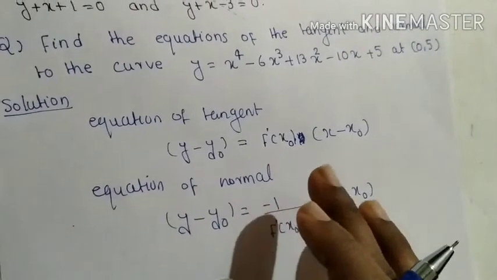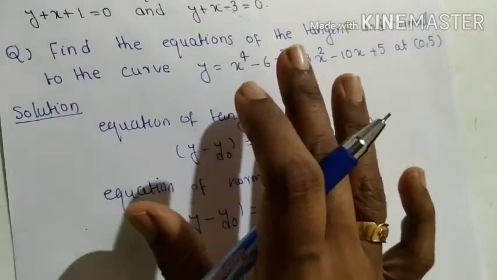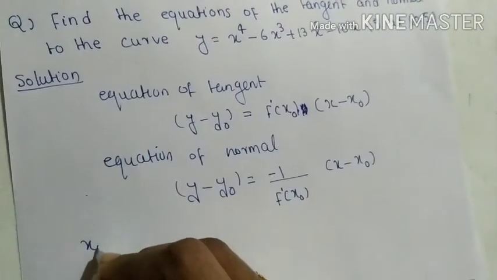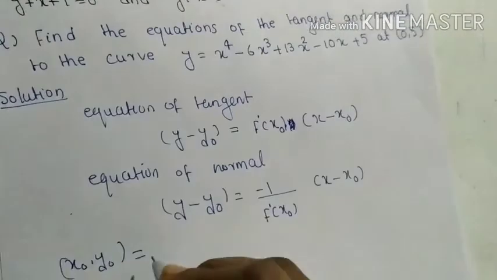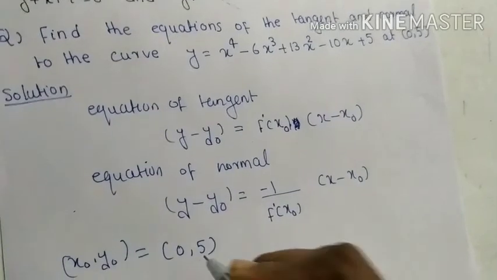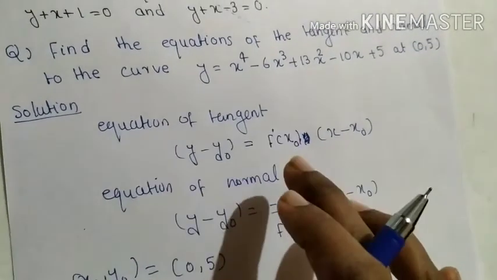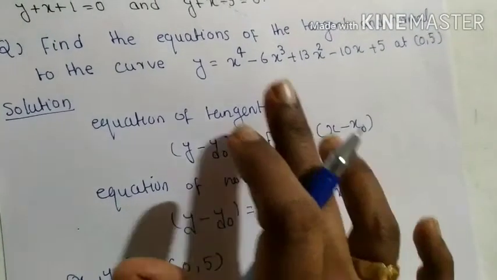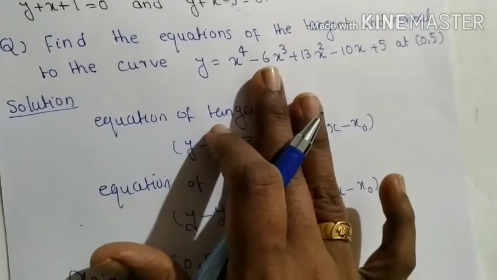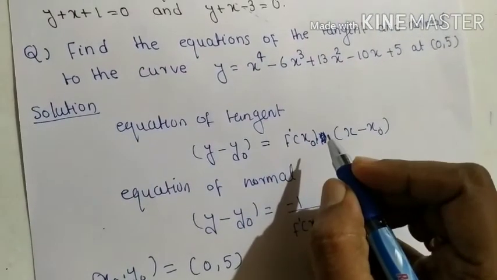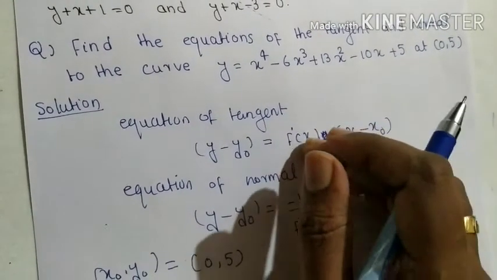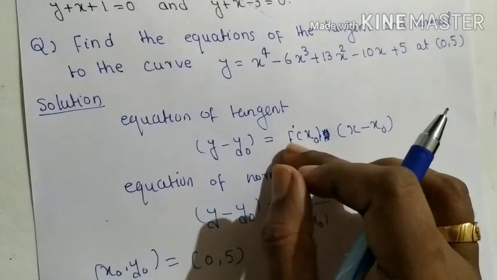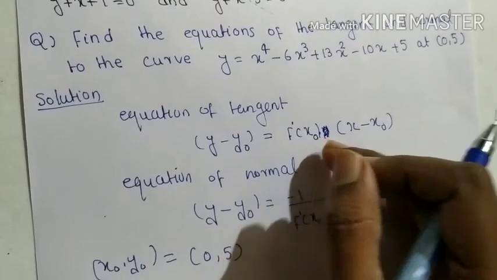So here in this question, given that x naught comma y naught is (0, 5). And we need to find the derivative of this curve, that is dy by dx, and putting the value of x naught in dy by dx, we get our f dash of x naught.